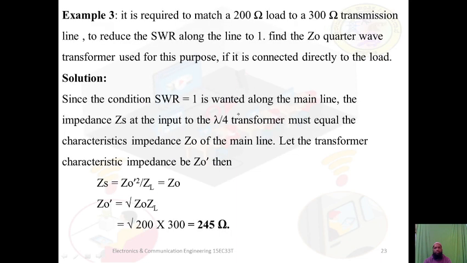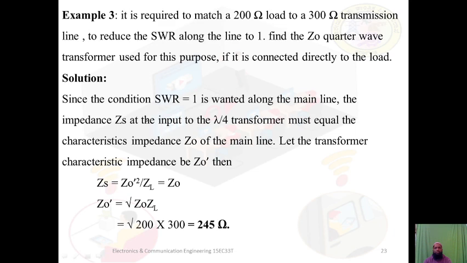Similarly, another example is given. It is required to match a 200 ohm load to a 300 ohm transmission line to reduce the standing wave ratio along the line to 1. Find the Z0 of the quarter wave transformer used for this purpose. It is connected directly to the load.